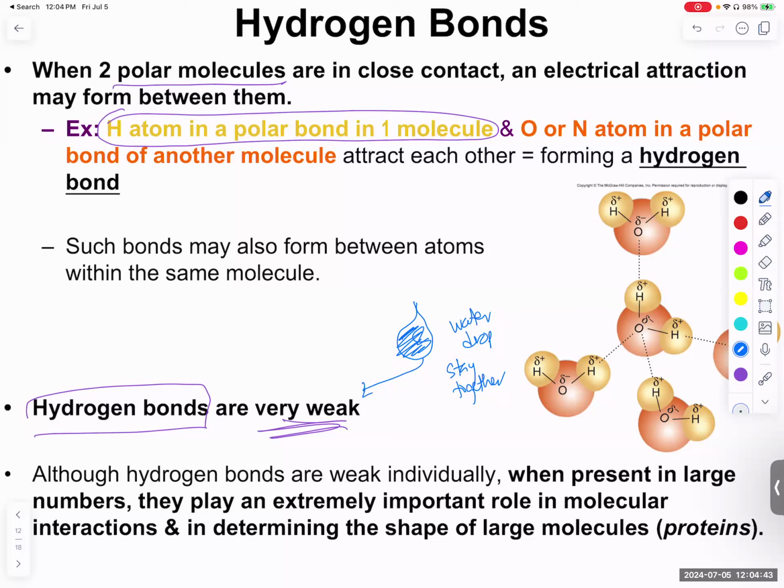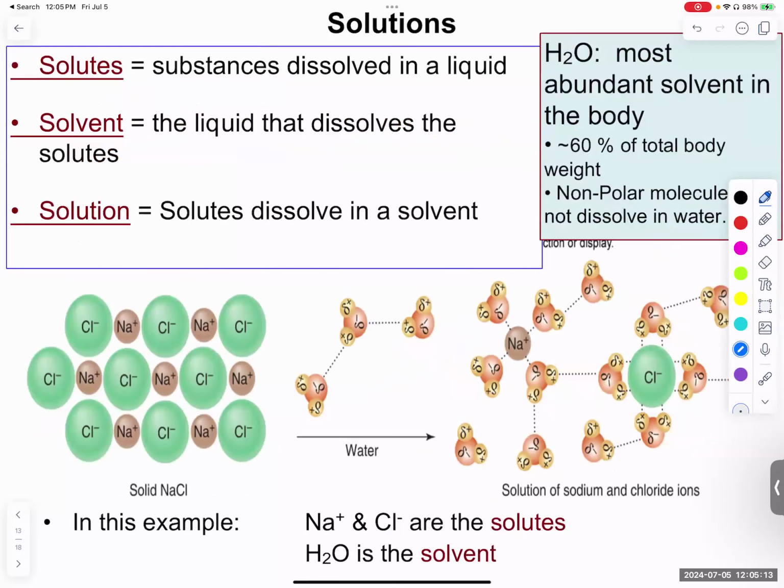Why? Because of hydrogen bonds. They're weak though, so if you spread that water out, the molecules will separate. But it's really the hydrogen of one molecule forming a weak bond with the oxygen of another, and that's what a hydrogen bond is. We see this hydrogen bonding play a role in protein conformation. We're going to talk about protein conformation, hydrogen bonds being attracted to an oxygen or nitrogen next to it.